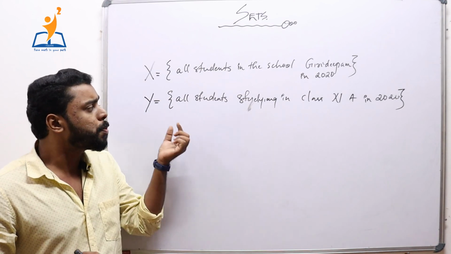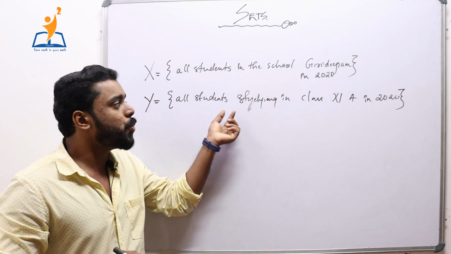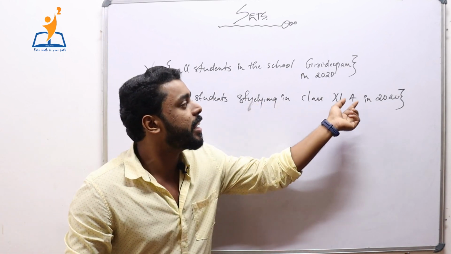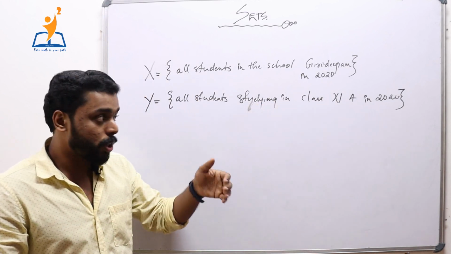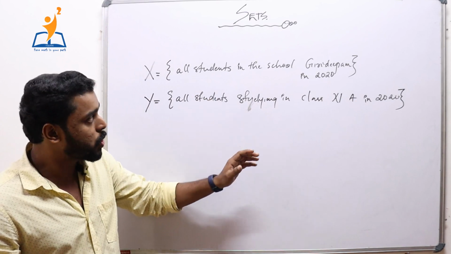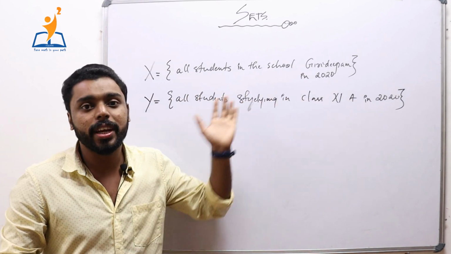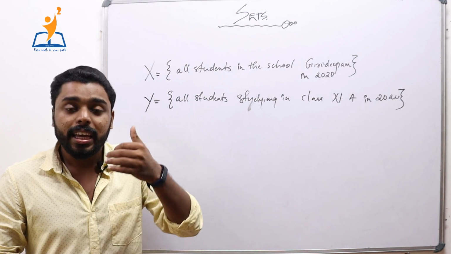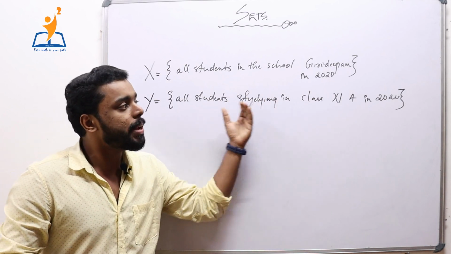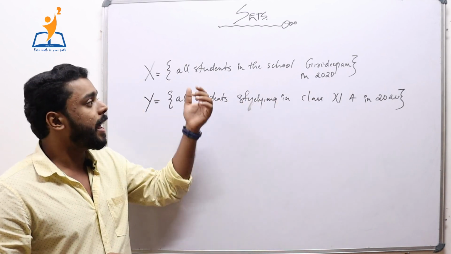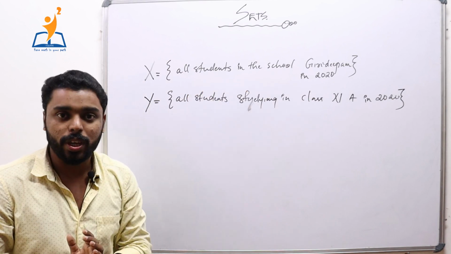See, you can observe that all students studying in class 11A in 2020 are also students of the school Giridipam, isn't it? So all the elements in this set come to be an element in the set X also, isn't it?